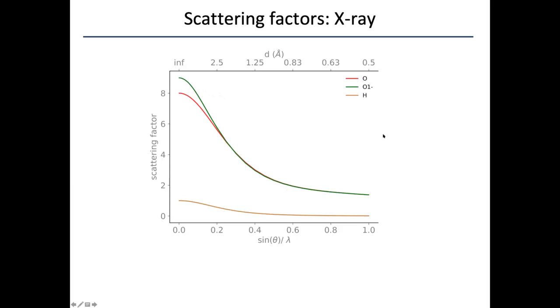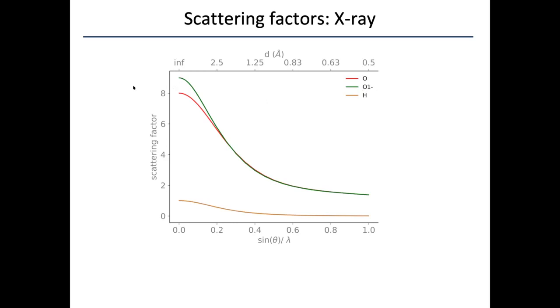And so there are already several things we can observe here. The first thing is that these values are all positive. It's positive for the oxygen, it's positive for the ion. The second thing is that the value at scattering angle 0, so that would be here, corresponds to the atomic number, or to the number of electrons. So for hydrogen, it's 1, for oxygen, it's 8, and for the negatively charged oxygen, it's 9.